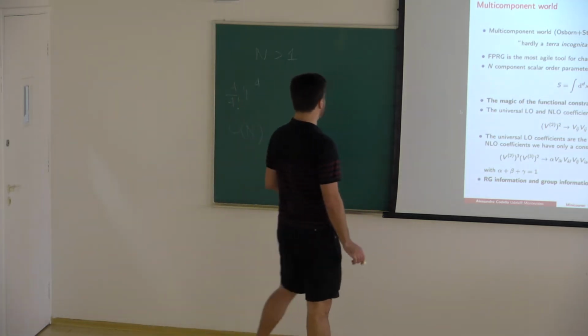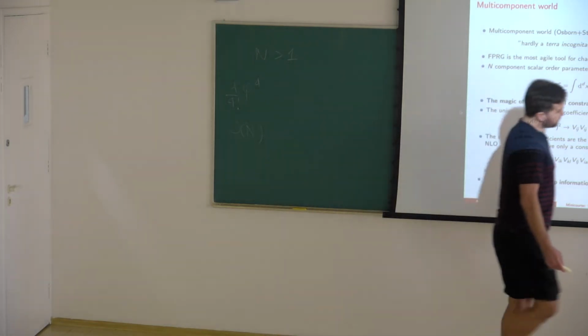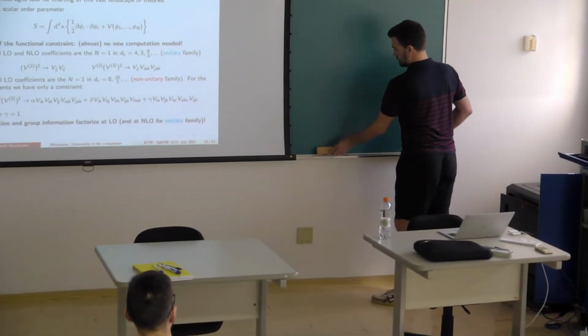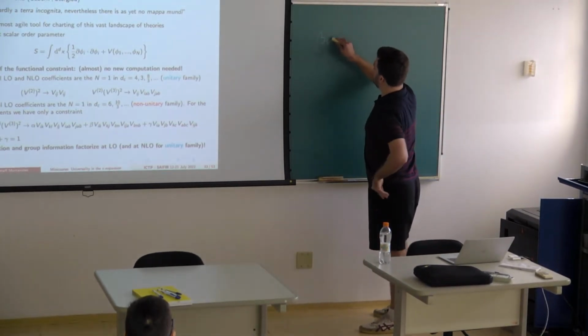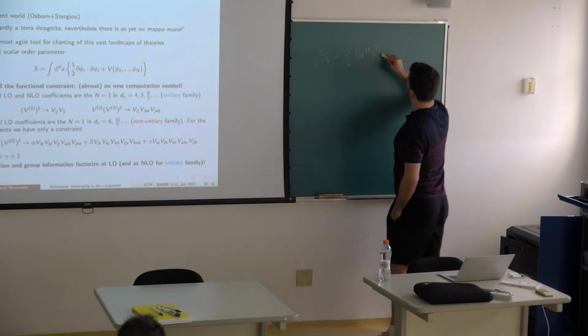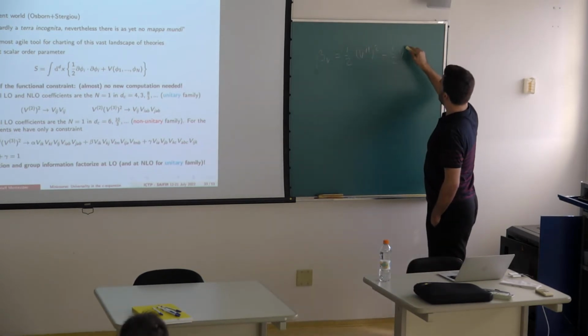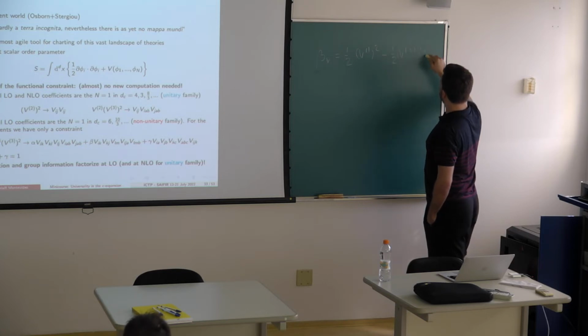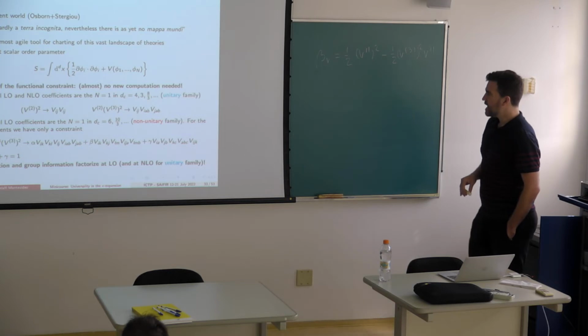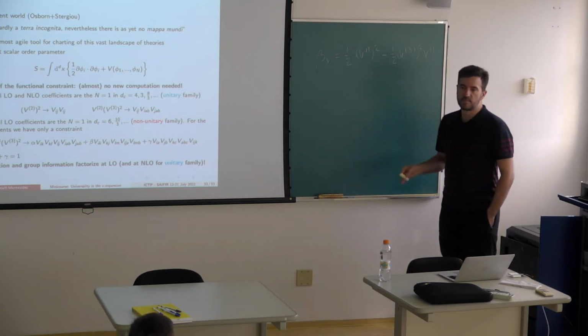And this is very simple to understand, because we have seen that, for example, the beta functional for the Ising model is equal to 1/2 V'' squared minus 1/2 V''' squared V''. Okay? Now, this is in the single component case.